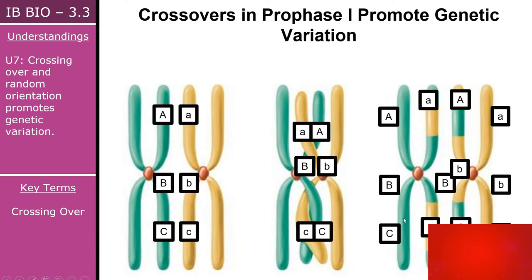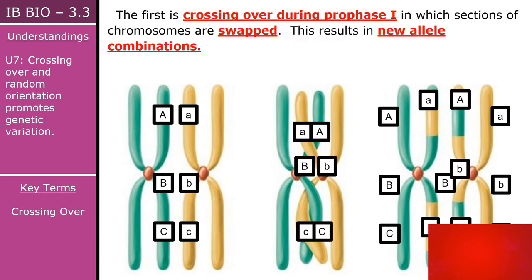This combination did not exist before until crossovers happened. So this is one way that you get genetic variation: through the crossovers that happen between homologous chromosomes in prophase 1. Okay, so this crossover again is occurring in prophase 1, and it's the sections of the chromosomes that are being swapped, and it's these new allele combinations. They weren't here before. So these guys are new allele combinations, and that adds to genetic variety.